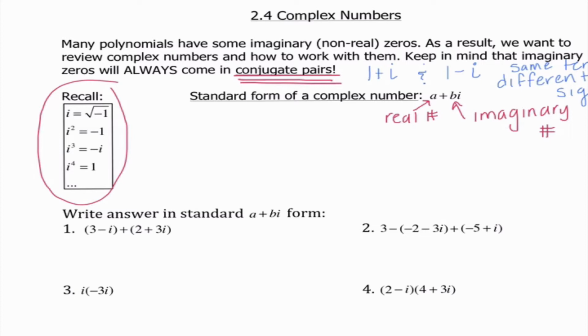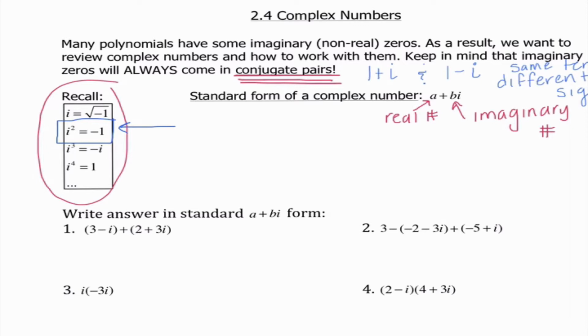But the one that I really want to stress that comes up quite a bit is that i squared is equal to -1. Whenever I have an i that has an exponent greater than 1, we need to use this table to replace it with something that has a lower degree. And quite honestly, in pre-calculus, we definitely see this one the most often.